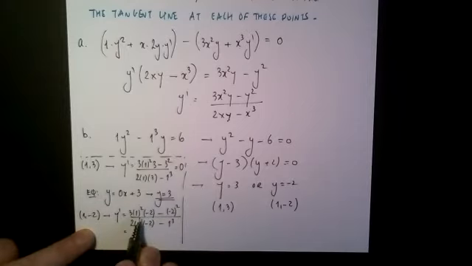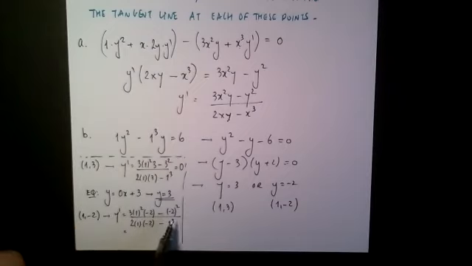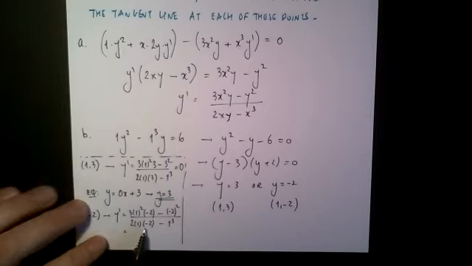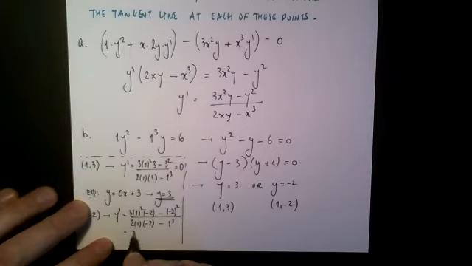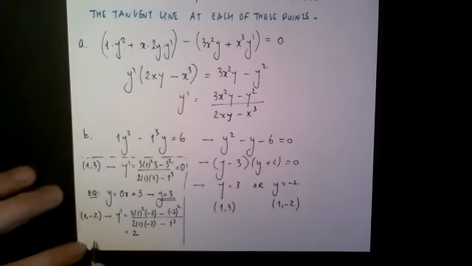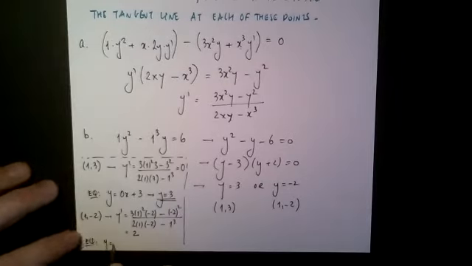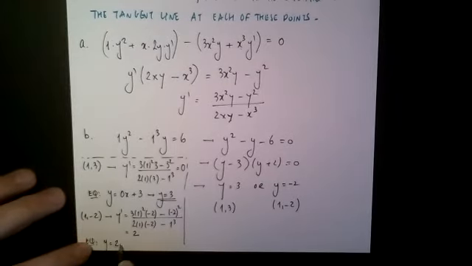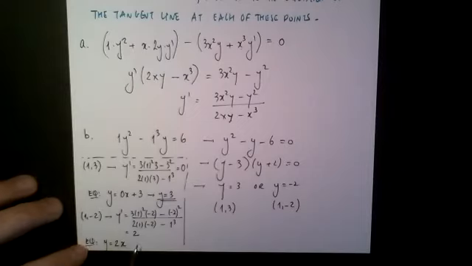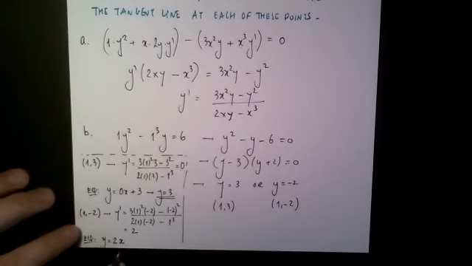And so I get minus 6 minus 4 is minus 10. Minus 10 over minus 4 minus 1 is minus 5. So minus 10 over minus 5 is 2. And so you could find the equation. We have the slope, we have a point. So y equals 2x, and so I need to find, I think it will be minus 4.